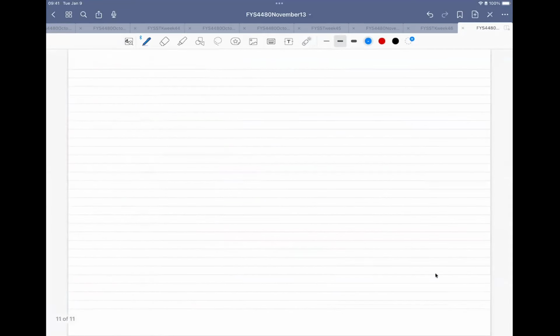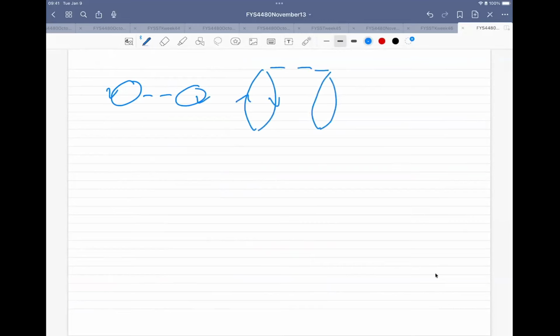So let's just move to the next page. What we have is something which looks like this. So let's put labels IJ, KL, and A and B. Now, we cannot have a diagram like this.